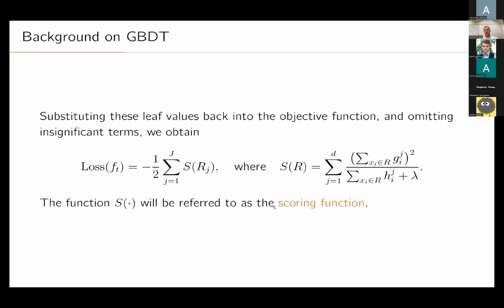In our paper and in the literature, these functions are called scoring functions. They will play a central role later because we will deal with some approximation of these scoring functions. So we'll get back to it later, something we'll use later on.